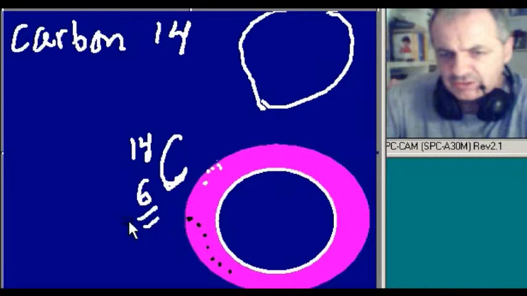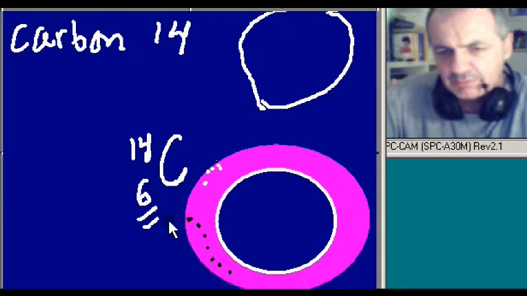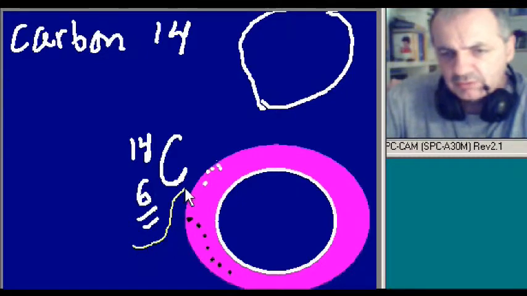But the number of protons dropped down to 6. The definition for this element was altered forever. It was no longer nitrogen, it became a carbon. And that's how carbon gets born into our atmosphere.